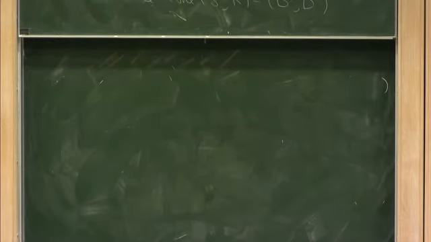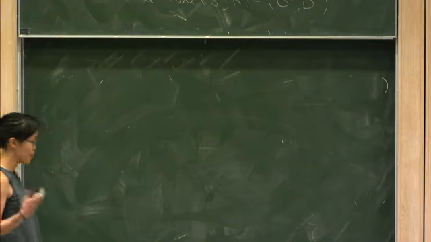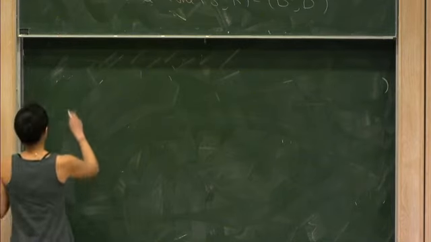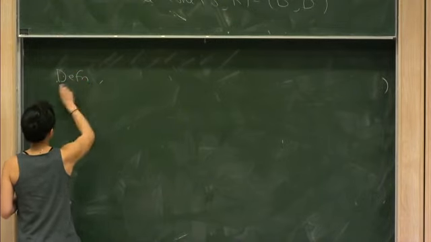So today we're going to think of a generalization of the knot concordance group. So first, I guess, Matt talked about homology cobordism this morning, so let me just remind you what the definition is.